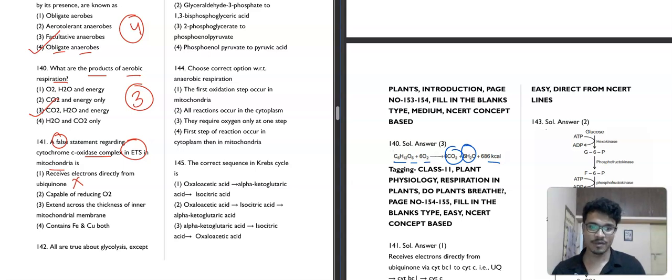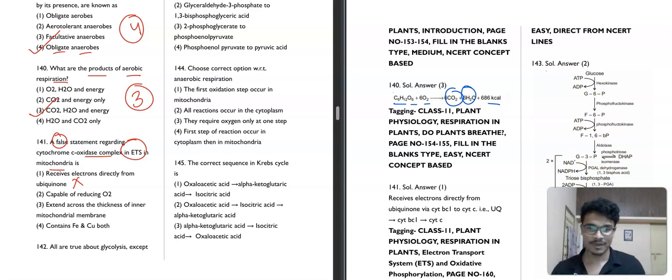It will be like this: ubiquinone to cytochrome BC1, then cytochrome C. So it is not correct. Then capable of reducing O2, correct. Extends across the thickness of the inner mitochondrial membrane, so it is also correct. Cytochrome C oxidase contains both iron and copper, also correct. So the first option is our correct answer because it is a false statement.